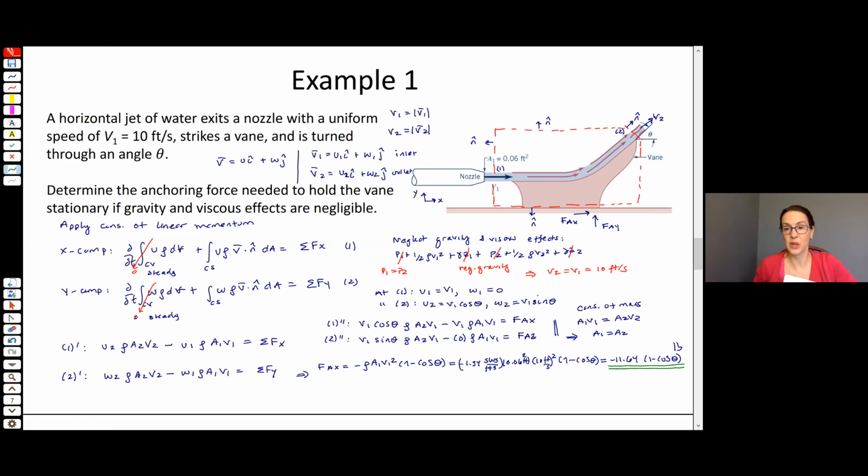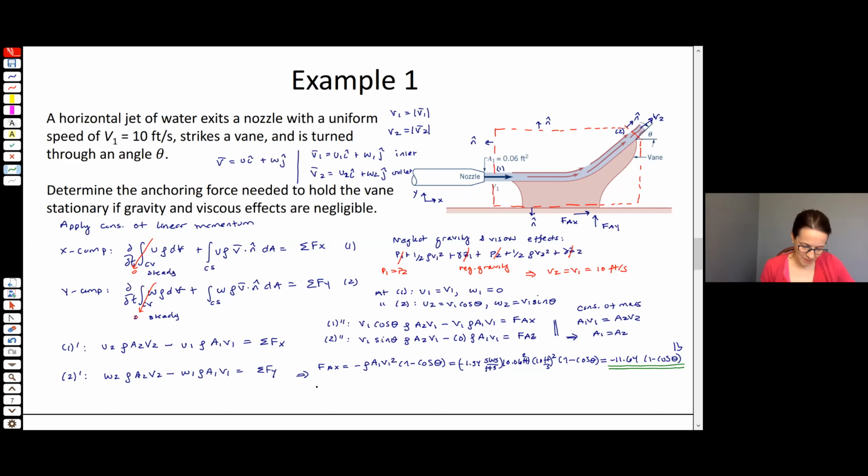So we drew them both in the positive direction. It turns out that the anchoring force in the horizontal direction actually acts to the left. That means that you need to push on the vane to the left to get it to stay in place. And conversely, the vane needs to push on the fluid to the left, right? Because the fluid is pushing it to the right, or trying to push it to the right.